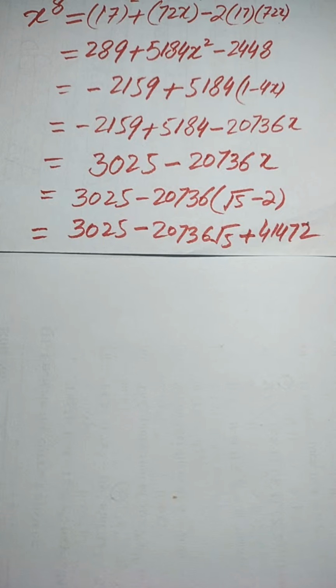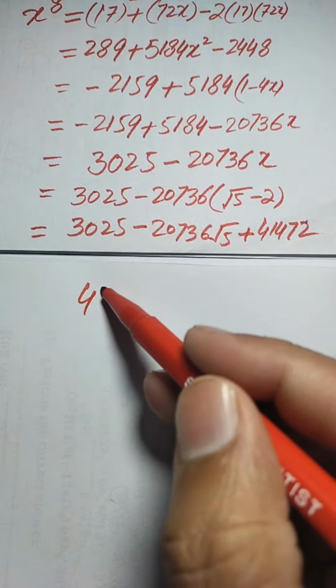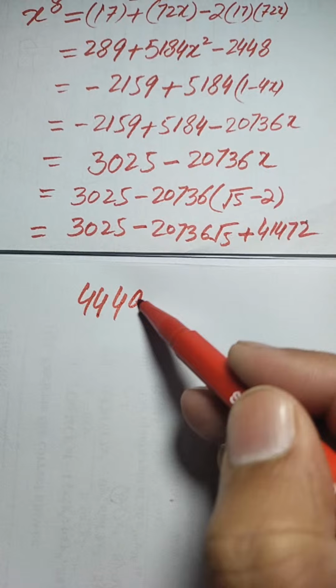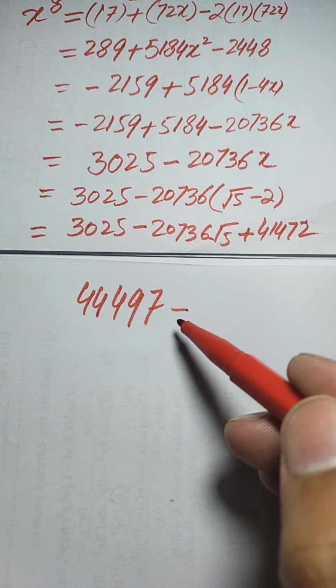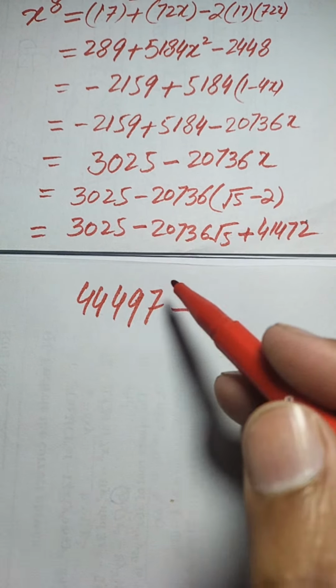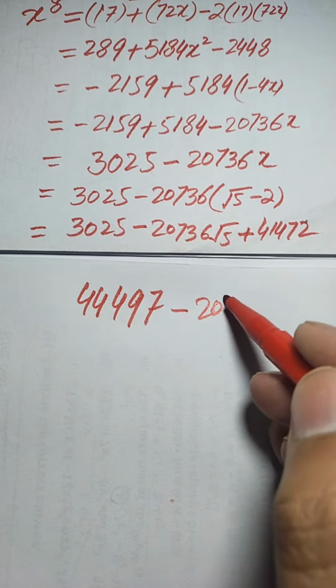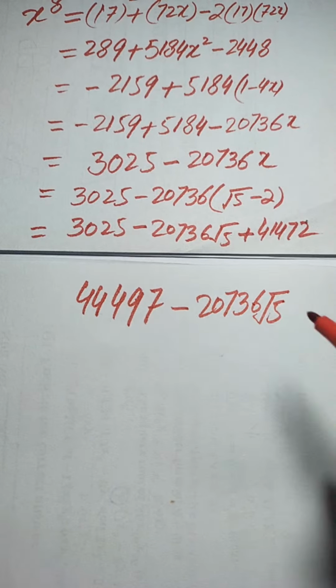So here we add 3025 plus 41,472. So when we add these two values we will get 44,497, and this is minus times 20,736 times square root of 5.